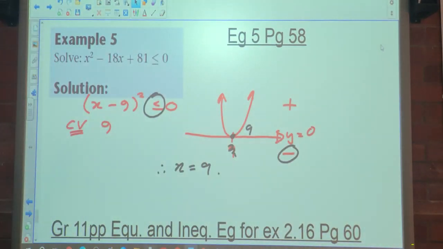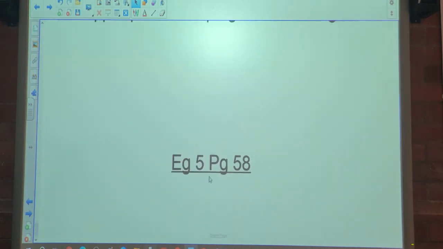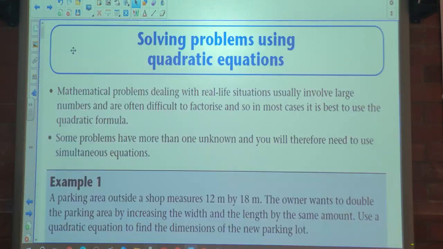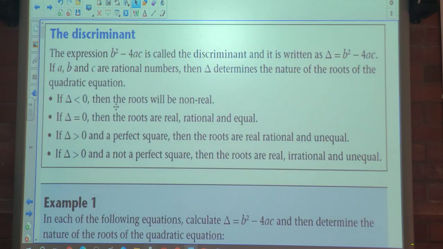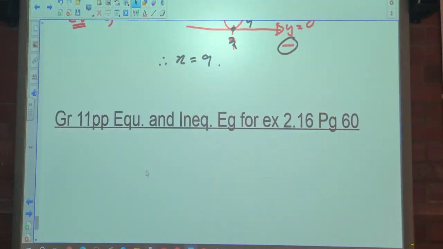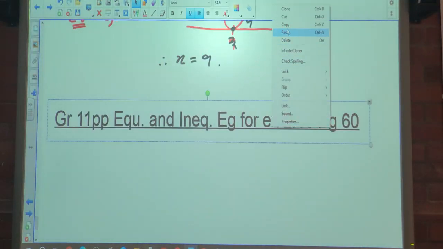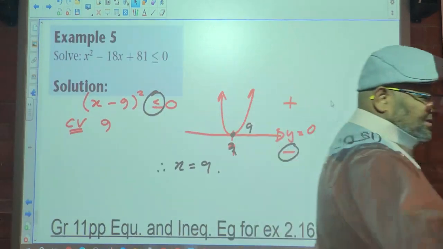No? Look at number 6. No, number 6. So on Monday we're going to look at solving problems using quadratic equations. For homework is exercise 2.16.